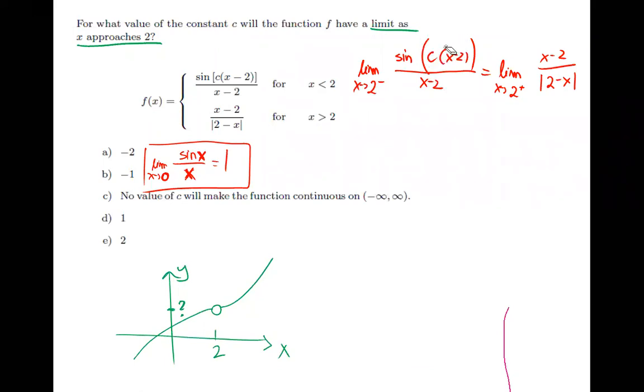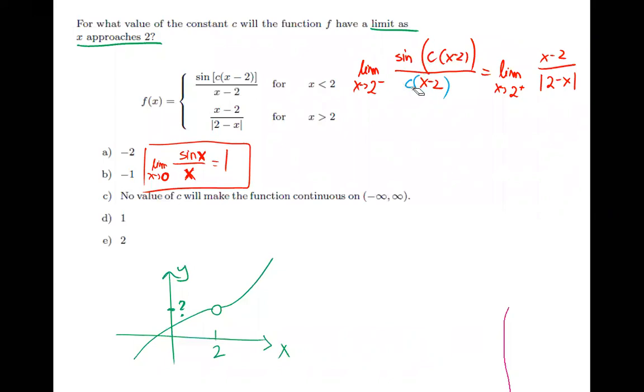But I can only use this property and say that this limit is 1 if I have exactly the same quantity in the denominator as the input of the sine function. What I'm missing is c. You see what I did? I have c times (x minus 2), and I have to see exactly the same quantity, c times (x minus 2).